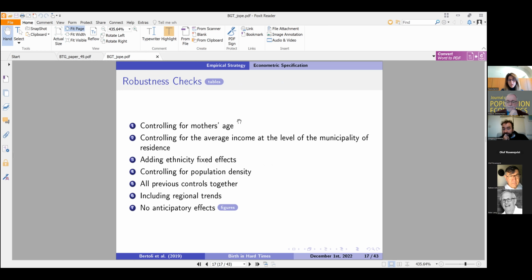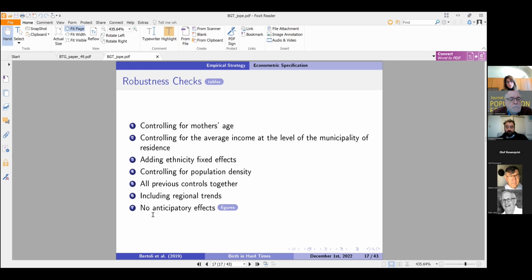We add all these controls individually and also all together. We include regional trends to consider the fact that the provision of health services, and the new measures for it during the crisis, are all decided at the regional level.